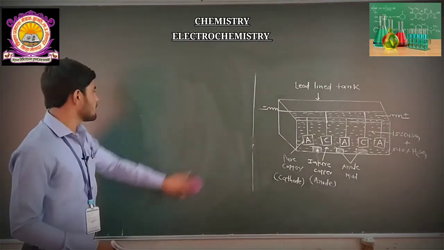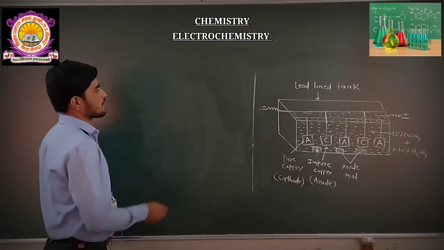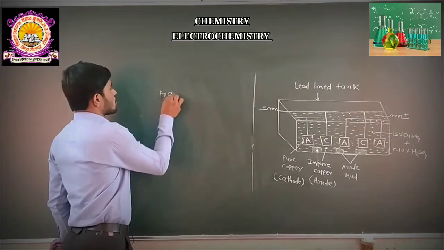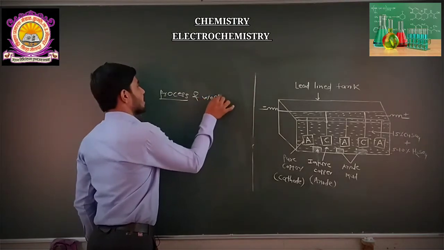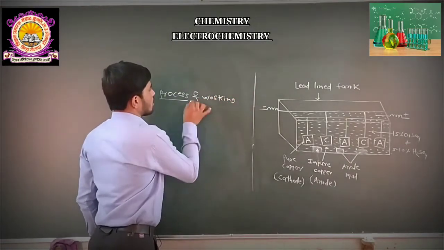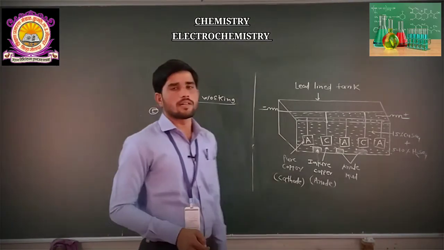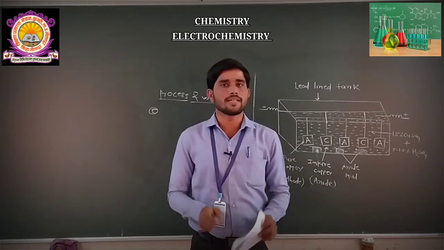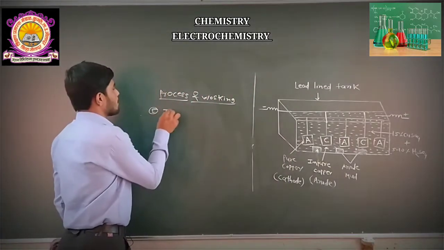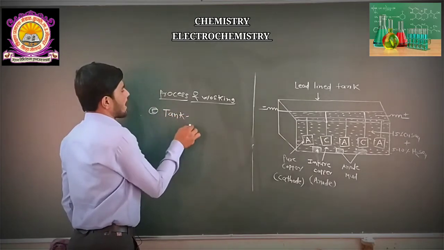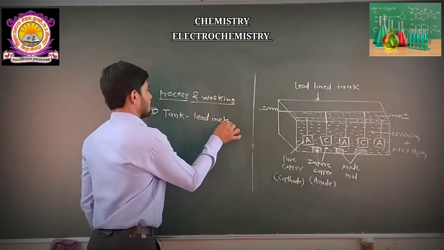In this diagram we will understand the exact electro-refining process. The process or working is like this. The electro-refining of blister copper, meaning impure copper, is done in a lead-lined tank. This process is done in a tank made of lead metal.